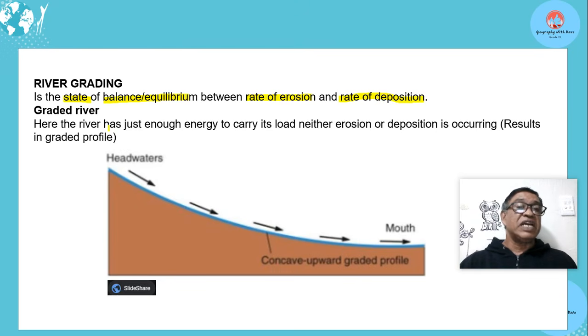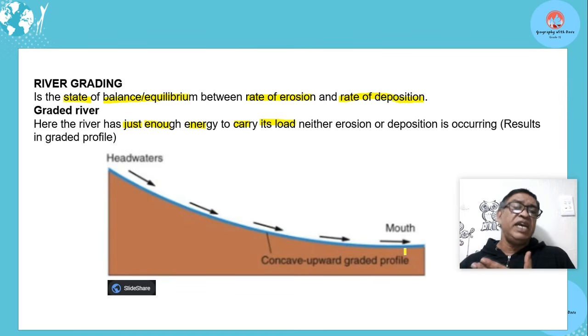Then let's look at a graded river. A graded river has just enough energy to carry its load. All right, so neither erosion or deposition is occurring. And this is where you also get a smooth profile. Let me just go a little into it. So if the river has enough energy to carry its load and it's carrying its load, it's not going to knock against the floor or the riverbed or the sides.